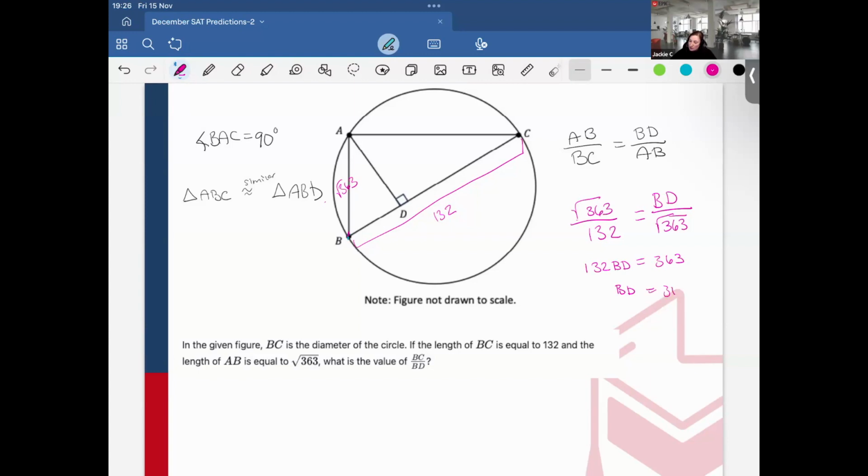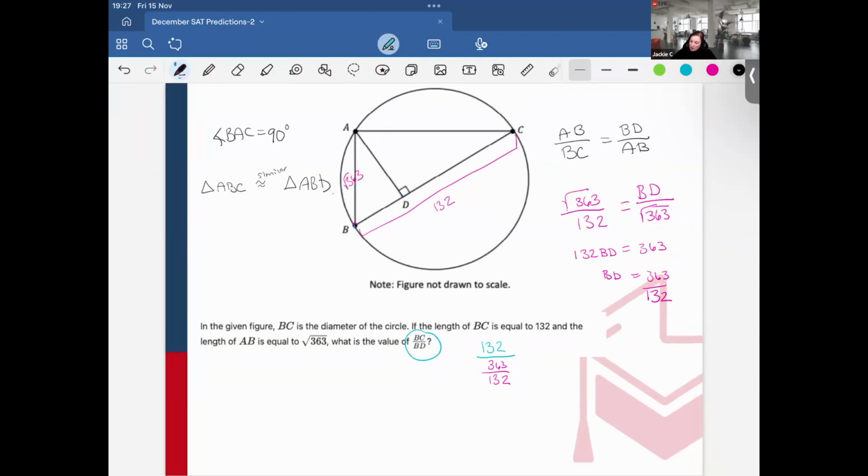Which is just 363 over 132. So I have what BD is, and I'm asked what BC to BD is. So BC, I know it's 132, and BD we just identified as 363 over 132.